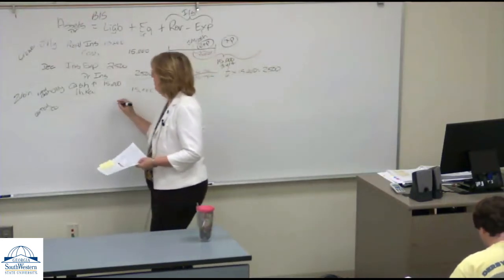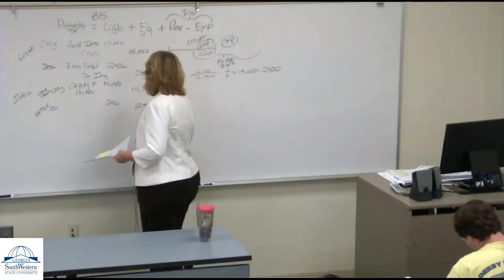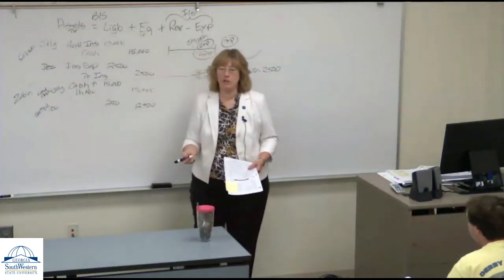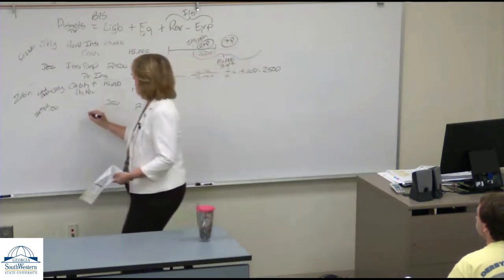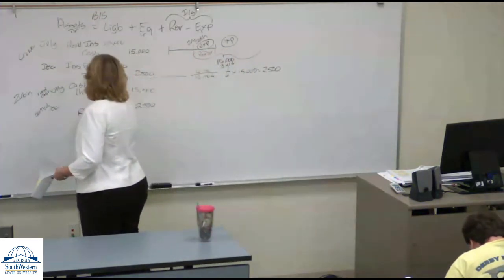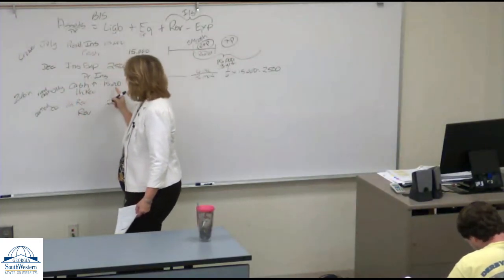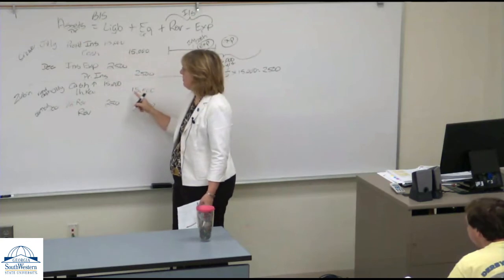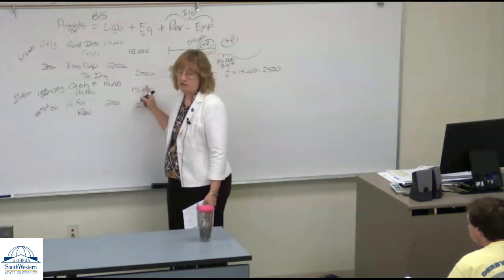And 2,500 of it, as a matter of fact, has been earned. So what do we do with revenue that we earn? Credit revenue. And we're going to debit unearned revenue. We're reducing this 15,000 by 2,500 for the amount that we've earned.